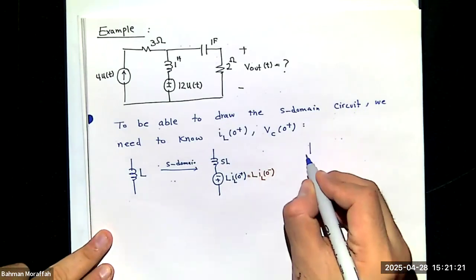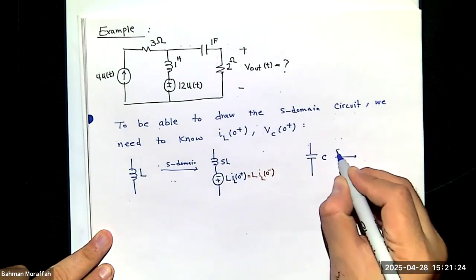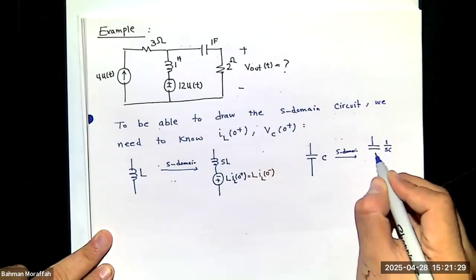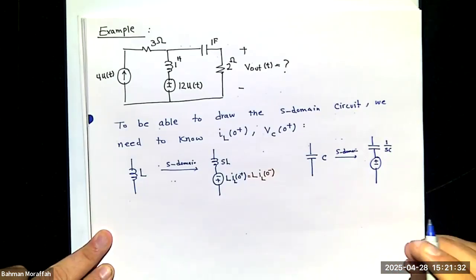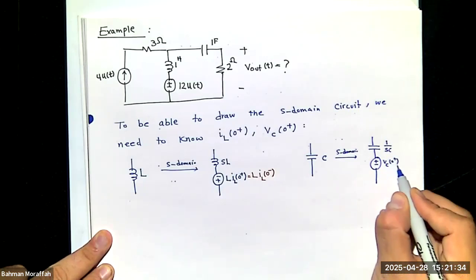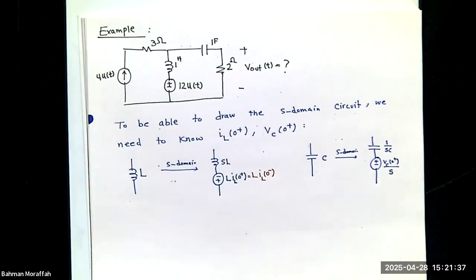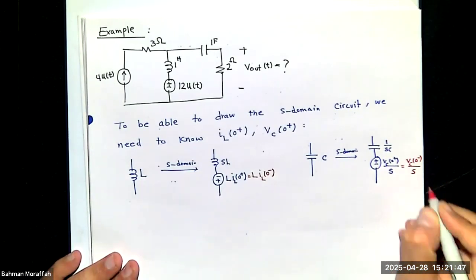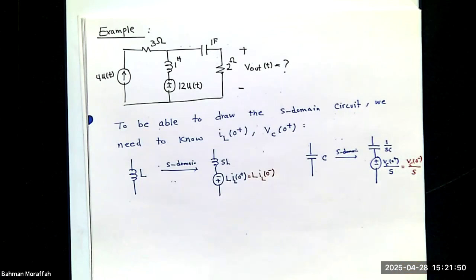And if I have a capacitor with value C, in S domain I replace it by 1 over SC, followed by a voltage source with value VC at time 0 plus over S, which again is VC at time 0 negative over S, because voltage across the capacitor is a continuous variable. Regardless, we have to know VC at time 0 plus and IL at time 0 plus.